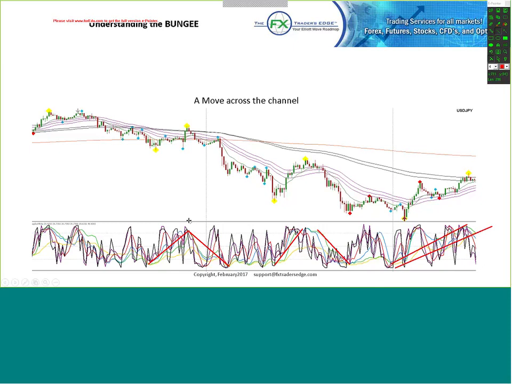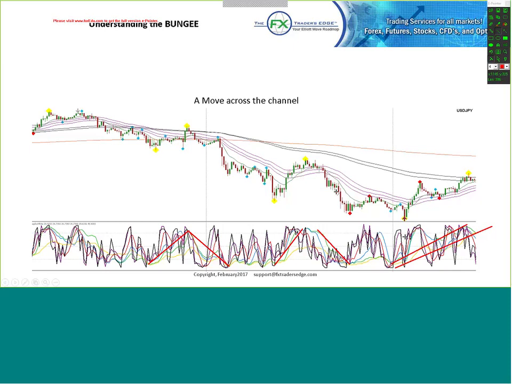And the bigger moves, this is where we start to mention the semaphores. The bigger moves are the higher moves on the semaphores. The smallest move being the blue, the next size of move being the red. The yellow semaphores tend to relate to the green bungee reaching the opposite side of the channel.